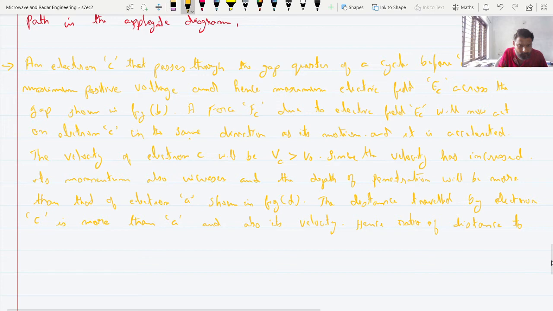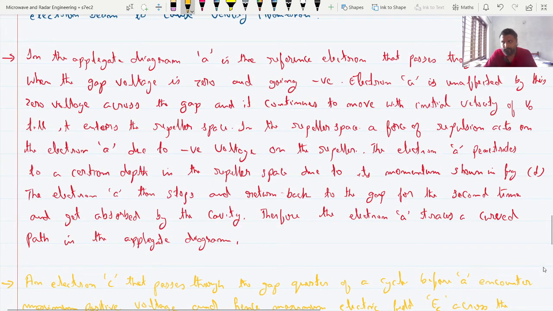Now we can see the third case, the electron B. In a similar manner, you take down this one.